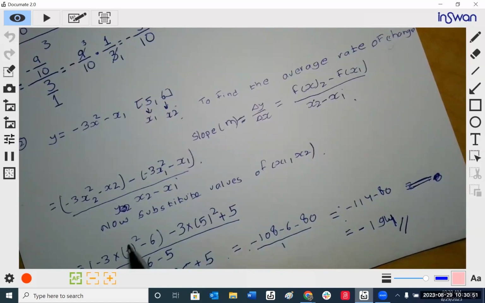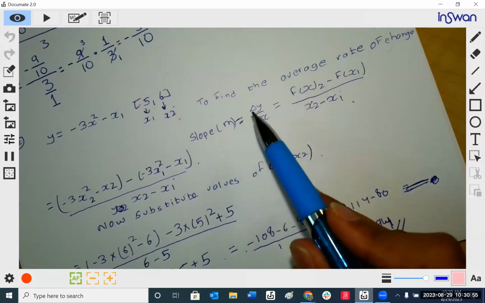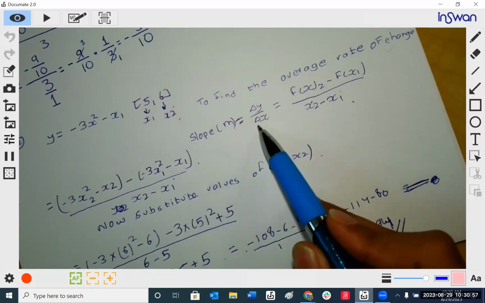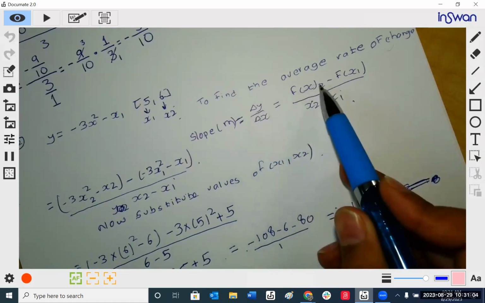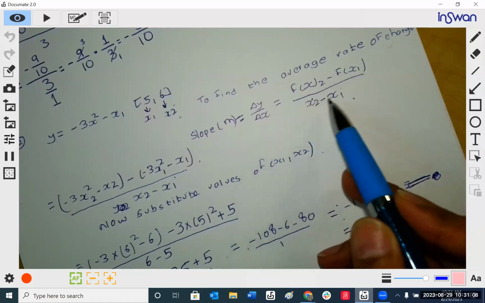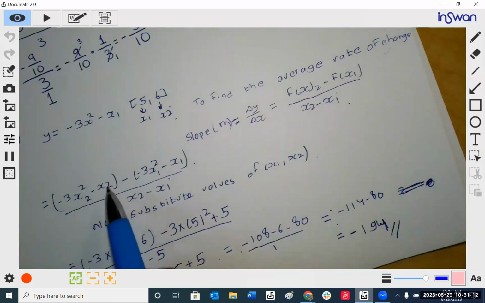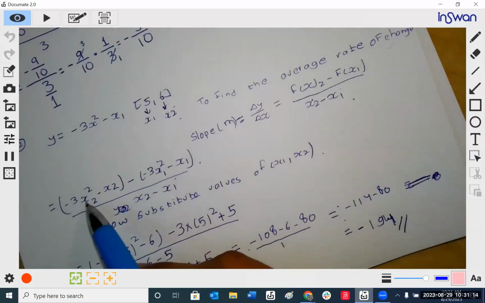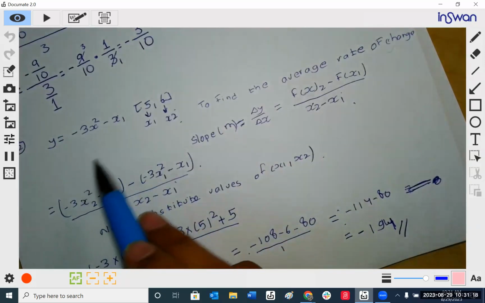So all I did was get the equation of slope first, which is delta y upon delta x. Delta y means the difference between y, so it's like x2 minus x1, same for x2 minus x1. And all we did is substitute the values from here to here in the main equation.